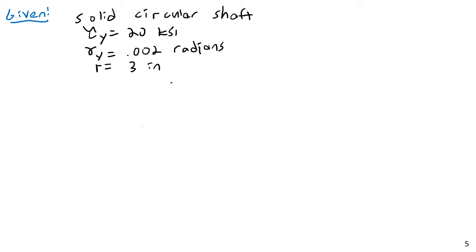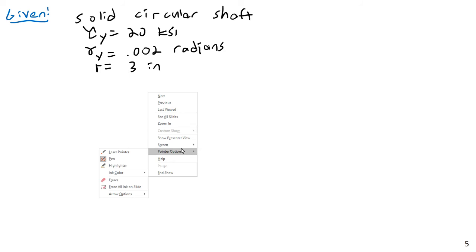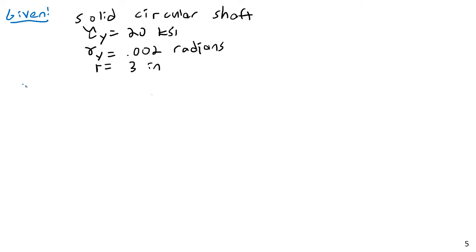These are things we could logically know before we did any analysis. These are both material properties, and this is just something of a certain size, we know its dimension. So I want to say find torque if gamma max is 0.0025 radians.